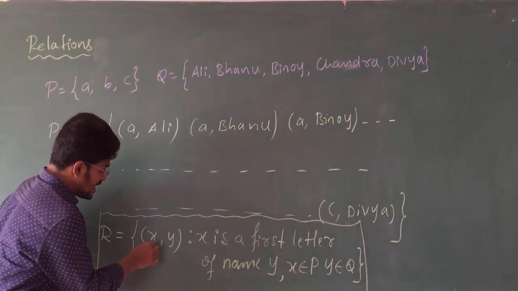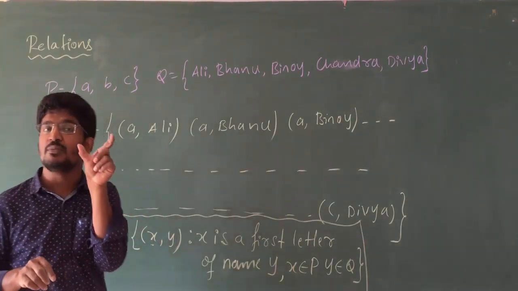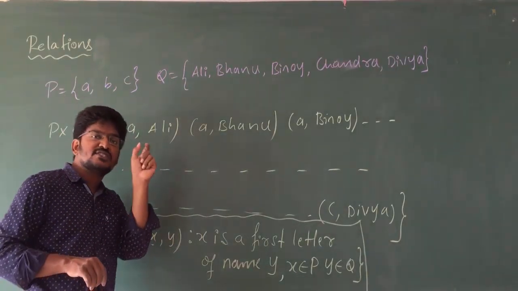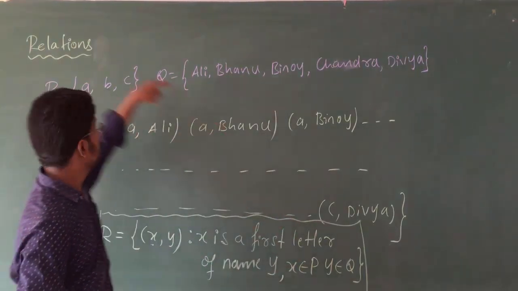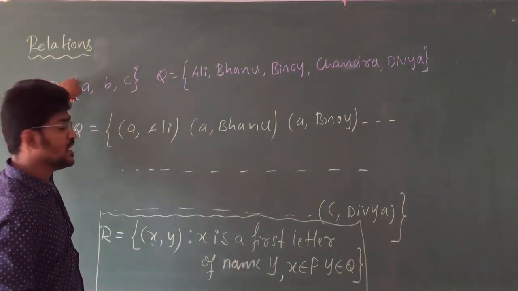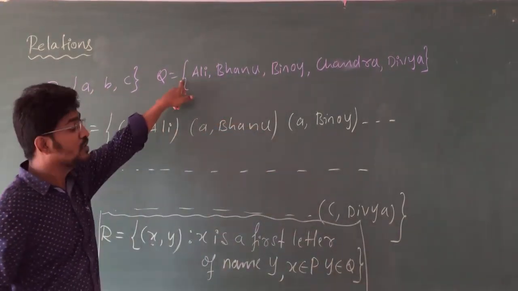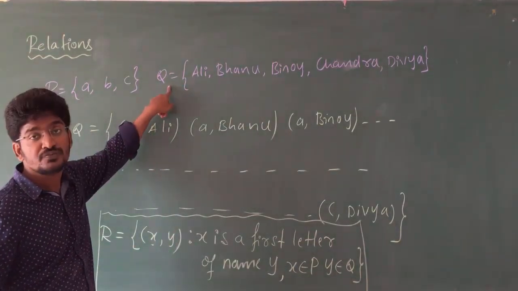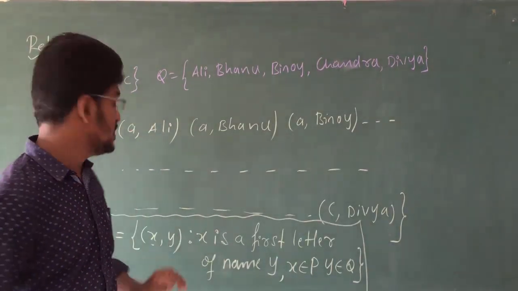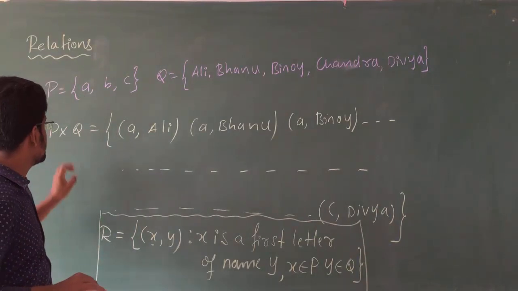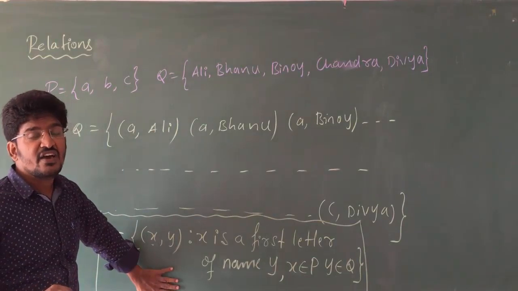That means x is going to be the first letter of the name y. That means y is going to be one name. Clear? In that name, the first letter will be this x. Clearly they mention that x belongs to P. That means first letter belongs to P. y belongs to Q. That means the second element belongs to Q. Clear? So with this clear picture, you can understand that this set is definitely going to be a subset of P cross Q.